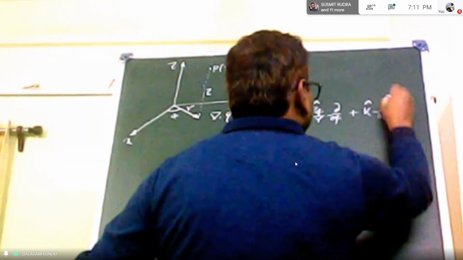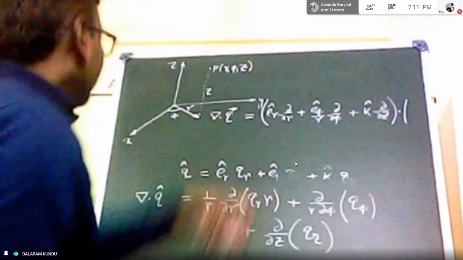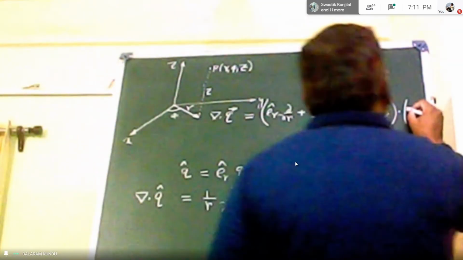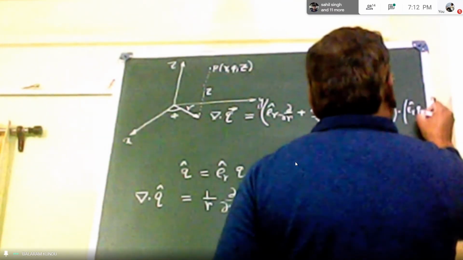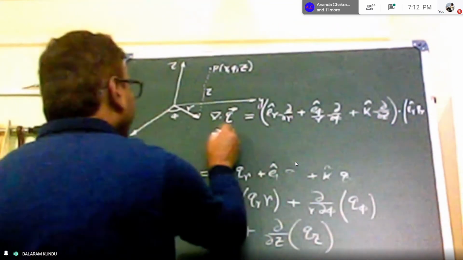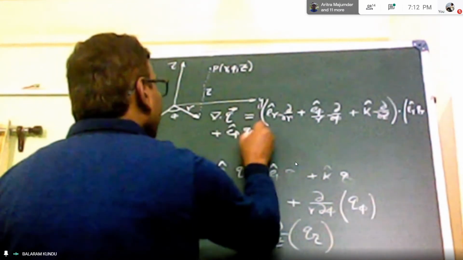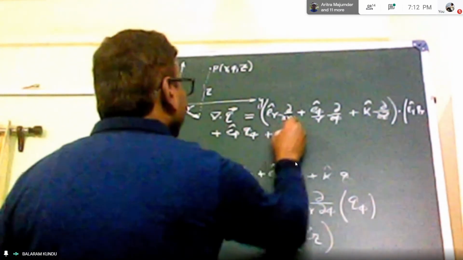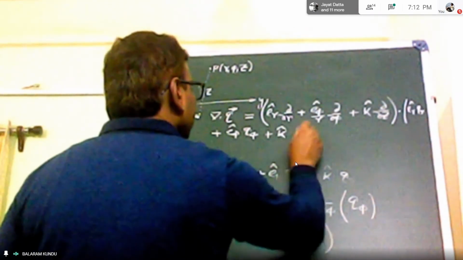This is your grad, dot product, dot here q. q means er times the first term, and the second term plus e phi q phi plus k qz.